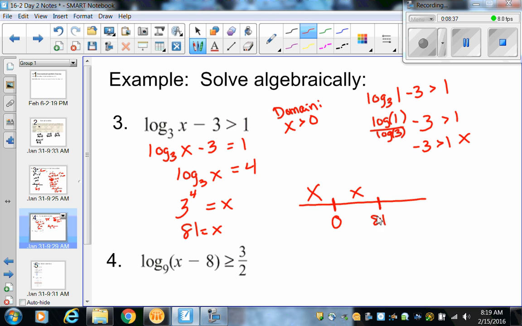Then we're going to check a number greater than 81, 82. So we would have the log base 3 of 82 minus 3, is that greater than 1? So log of 82 divided by the log of 3 minus 3.